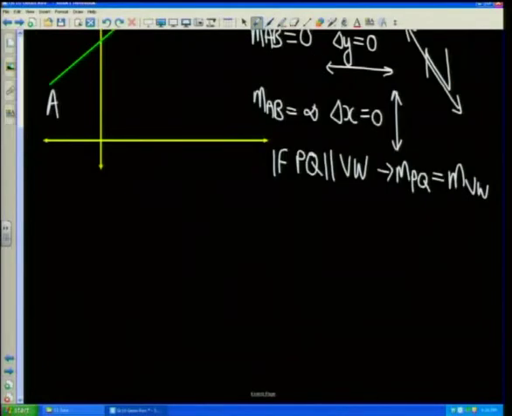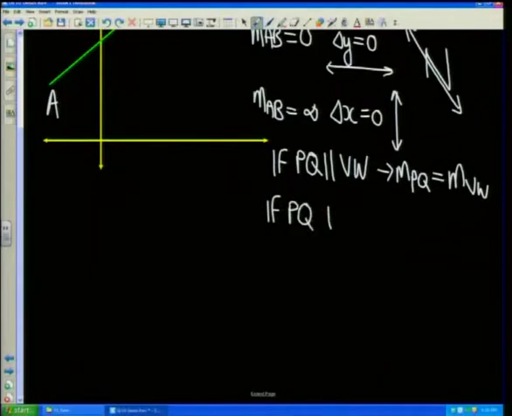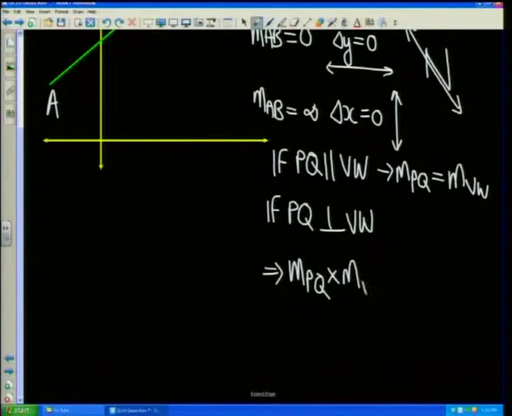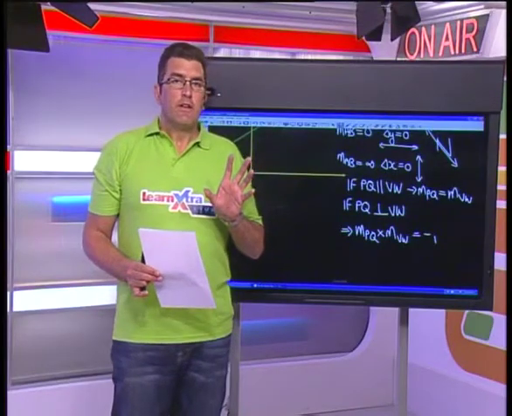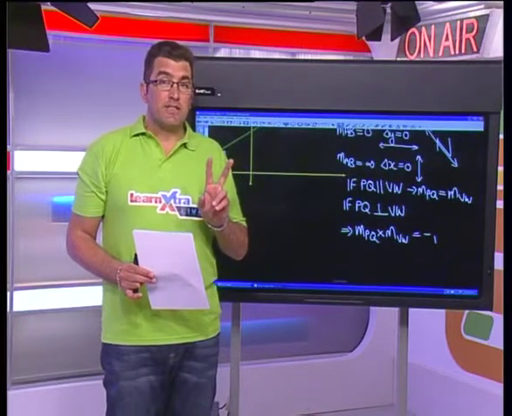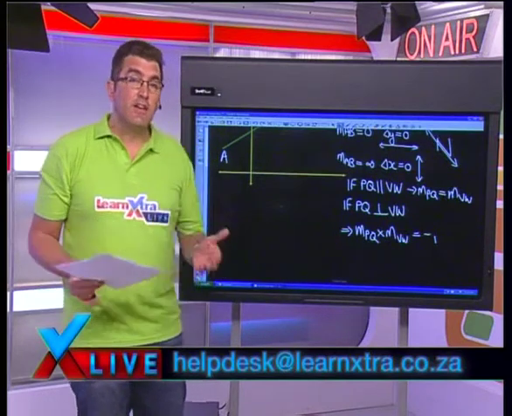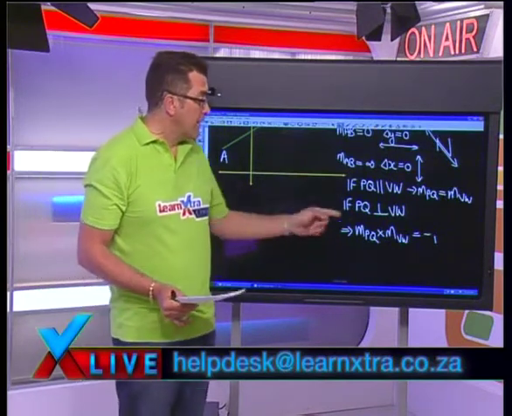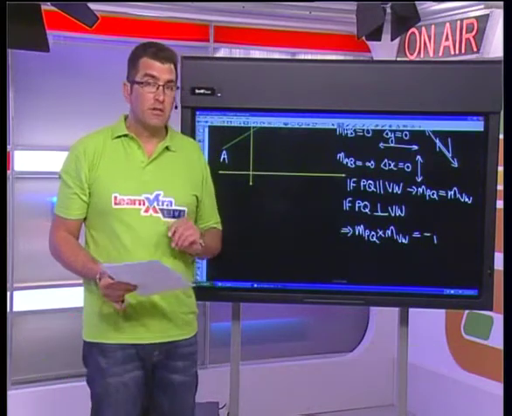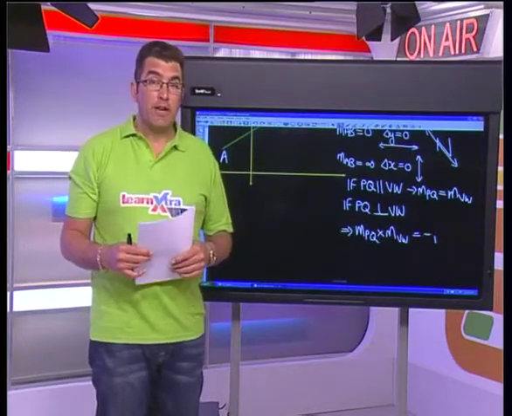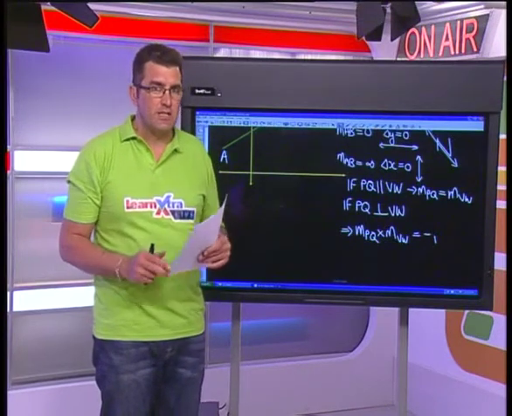If PQ is perpendicular to VW, then the gradient of PQ multiplied by the gradient of VW will always give you -1. So if 2 gradients multiply out to give you -1, it means the lines are perpendicular. The reverse of that, if the lines are indeed perpendicular, then their gradients have a product of -1. Now folks, remember perpendicular means 90 degrees.